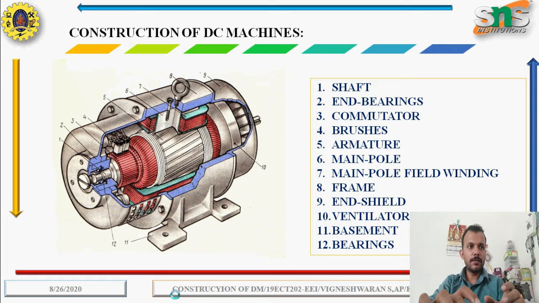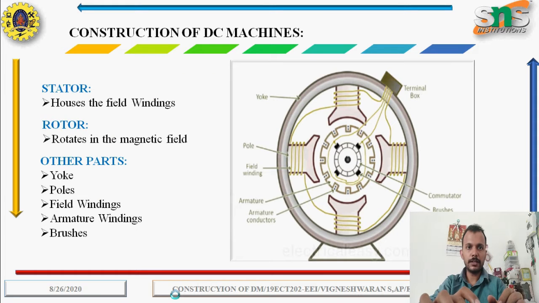Point number 1, end bearings. The shaft is connected to the end bearings. Commutator, brushes, armature, main pole field winding, frame, end shield, ventilator, basement, bearings. These are the major parts in the construction of any DC machine.